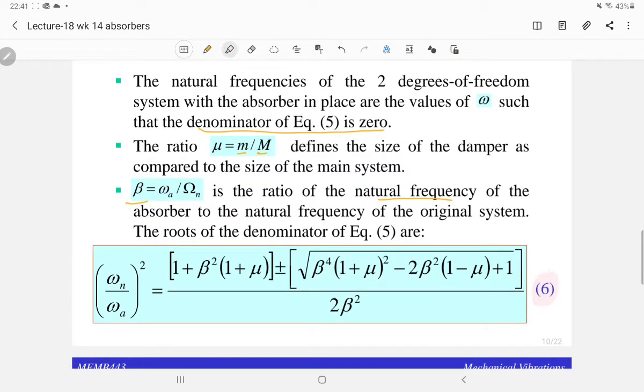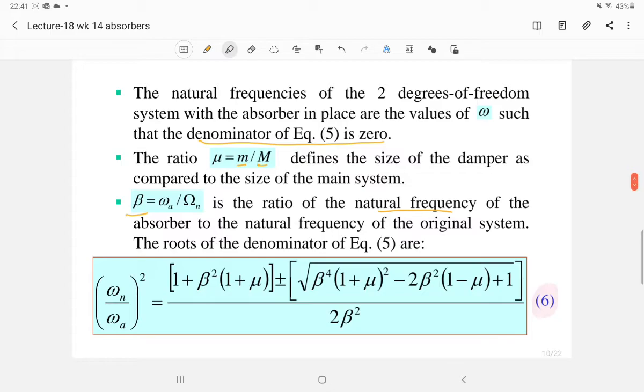So this is another main equation, where given beta and mu, you can solve for the new natural frequencies when you attach the absorber.